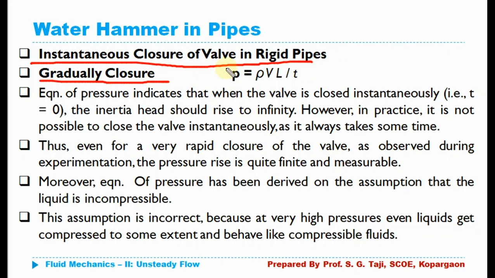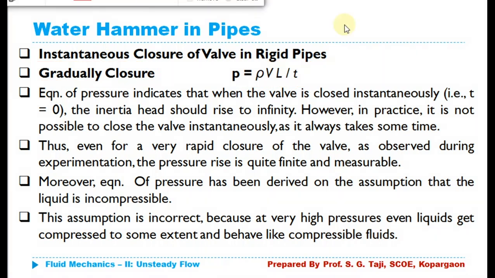In the first case we derived the equation for the pressure intensity, P is equal to rho VL upon T. This is the intensity of pressure in case of gradual closure of the valve, and we determine how the valve has been closed gradually.